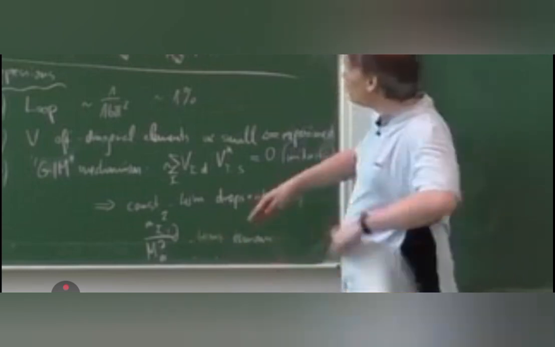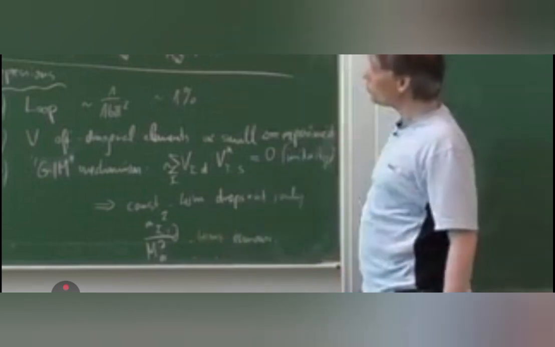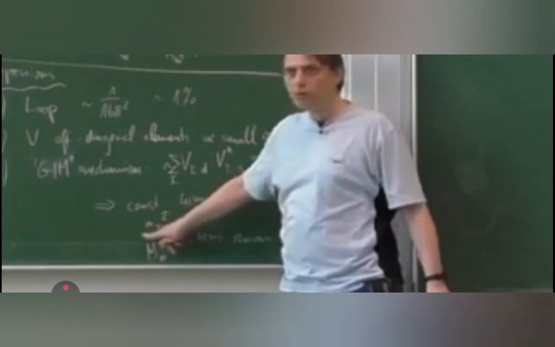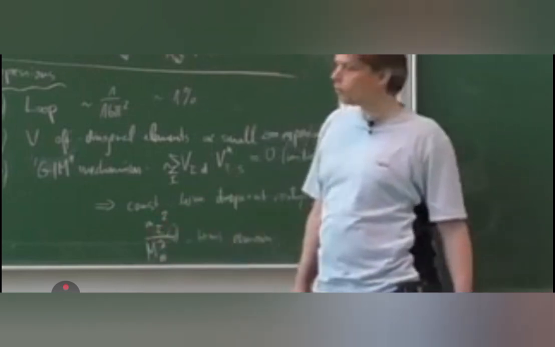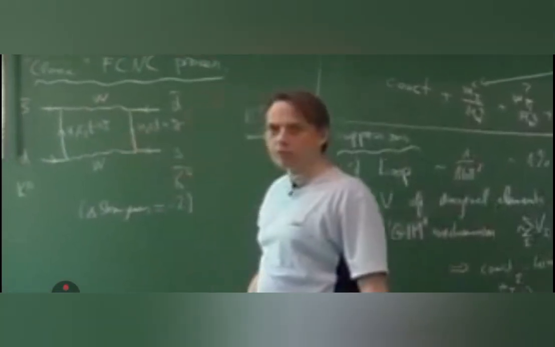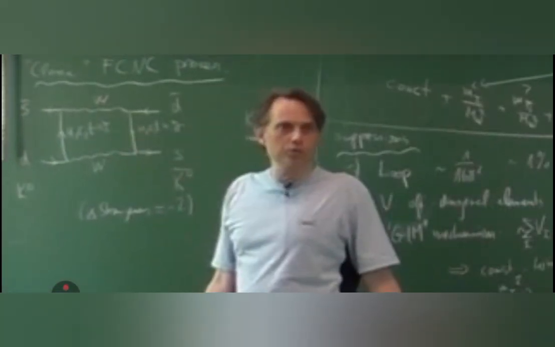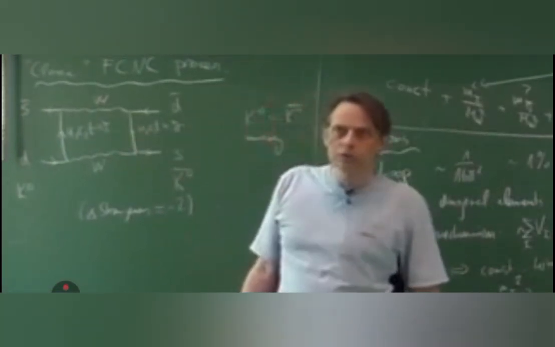Therefore, in the end, the final prediction will be very strongly depending on the highest quark mass of relevance of the process, and therefore they can use this experimental result to predict that highest quark mass of relevance, which was the charm quark mass. And that prediction turned out to be correct. So these are the three suppressions of flavor changing neutral currents.